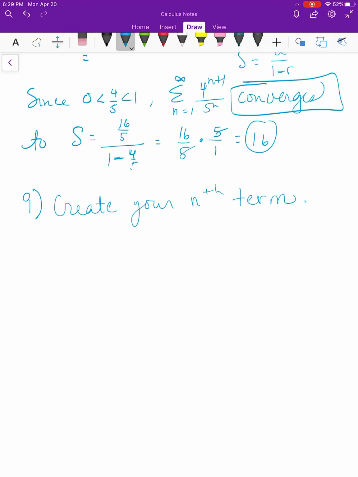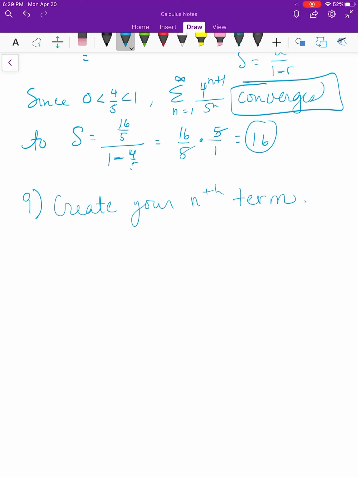So now, on 9 and 10, you have to create on number 9. You need to create your nth term. Now, if you want to stop and try to figure that out, that would be great.